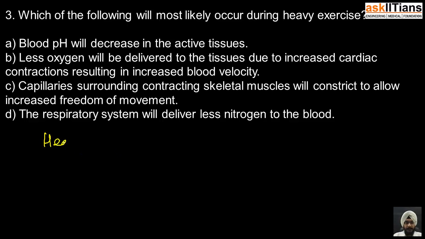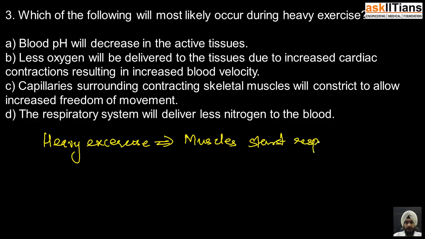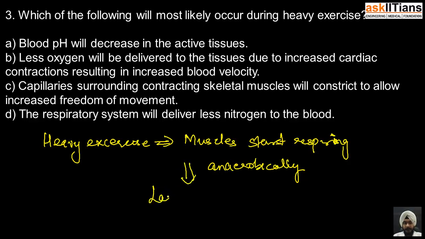In heavy exercise, our muscles start respiring anaerobically. This mainly occurs during heavy exercise because there is insufficient supply of oxygen to the muscles, so the pathway it undertakes is production of lactic acid.